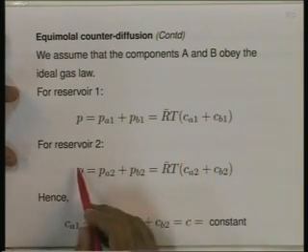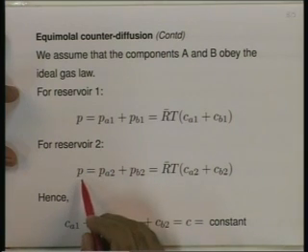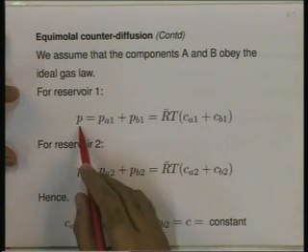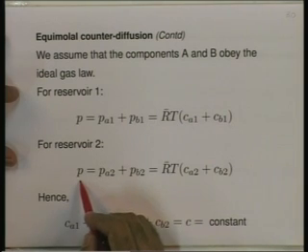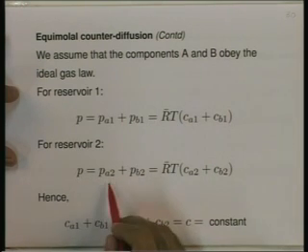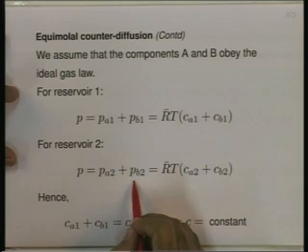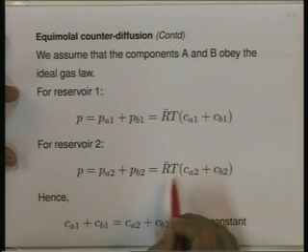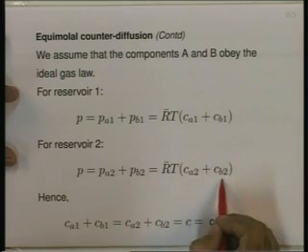A similar expression for reservoir 2 gives P. We have assumed the same pressure for reservoir 1 and reservoir 2. So, P will also equal Pa2 plus Pb2, which is R bar T into Ca2 plus Cb2.